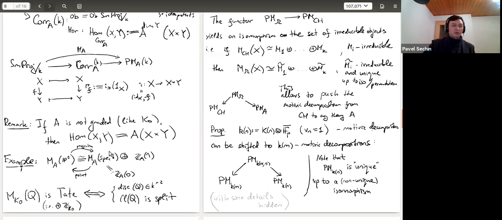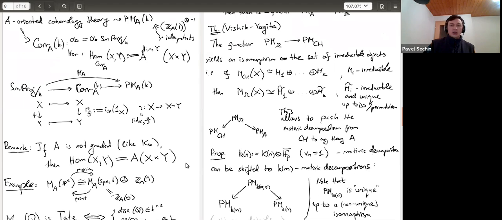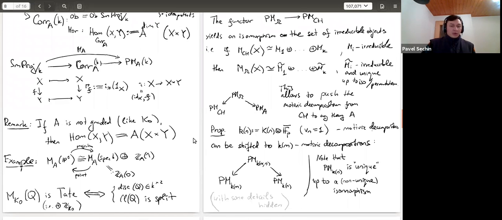And if you split off this direct summand, what's left is called the Tate motive, and this is what you have to invert to obtain this category of pure motives. Okay, but I think the inversion of this object won't be so important for our discussion.